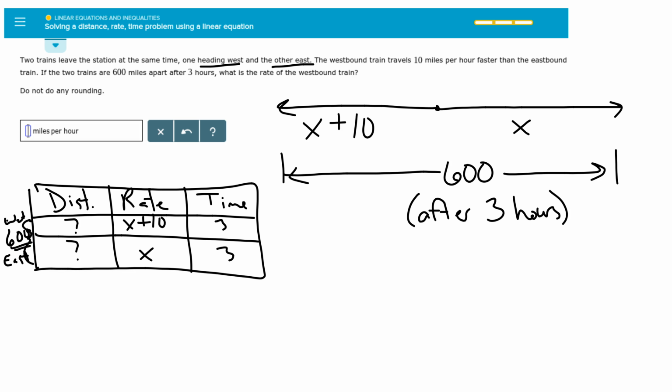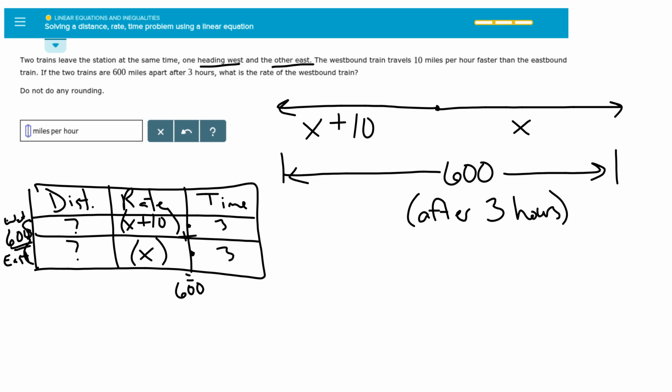So that means that rate times time has to equal the distance. And we know that this one traveled for 3 hours at x plus 10. The eastbound train traveled for 3 hours at rate x. Okay, and we're going to add those two together to equal 600 miles total.